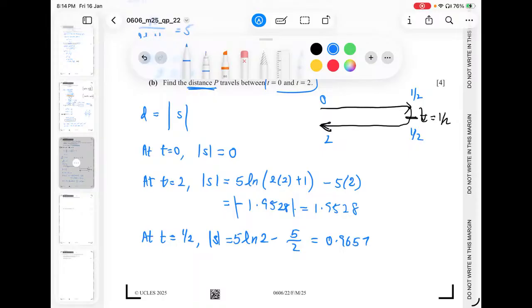Since it's going towards 2, you need to multiply the distance from 0 to t equal to half by 2. So therefore, the distance is equal to 2 times 0.9657 plus 1.9528. So approximately this should give you 3.88 meters.